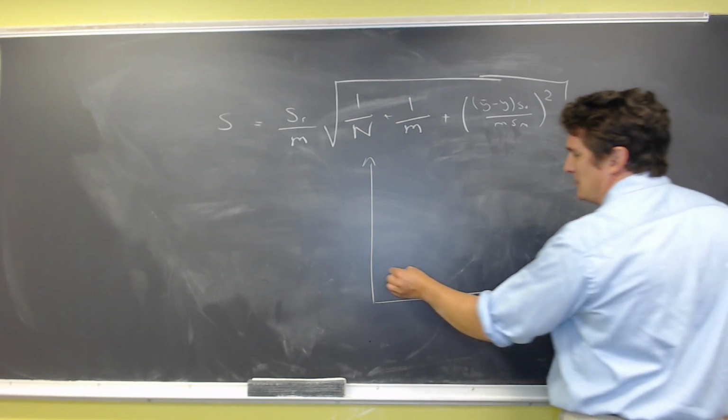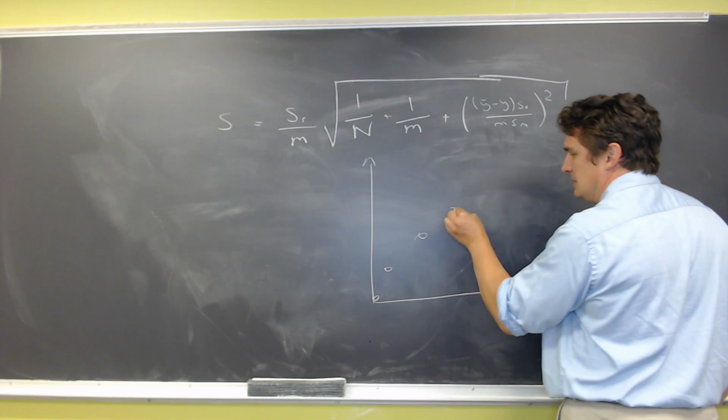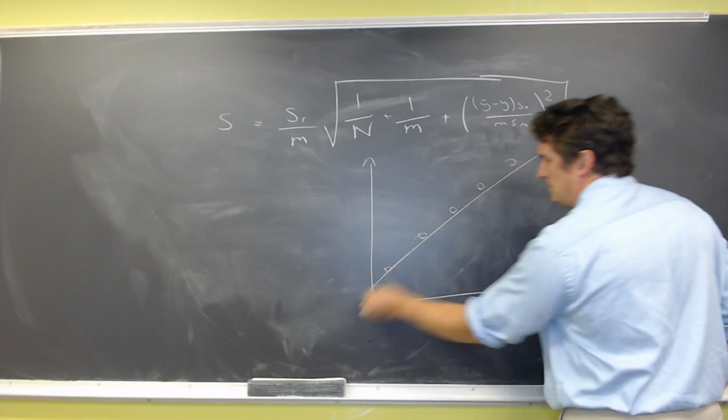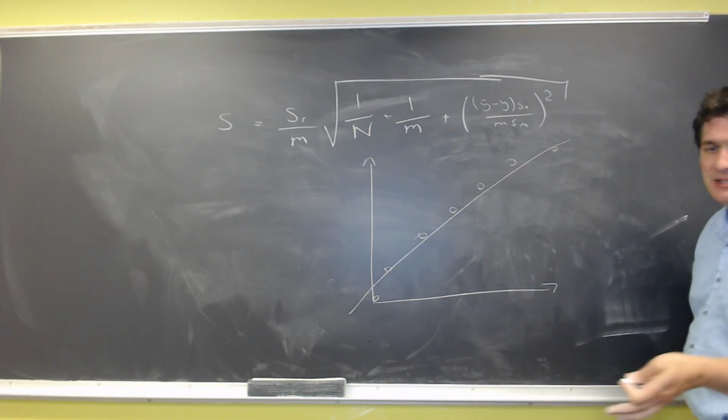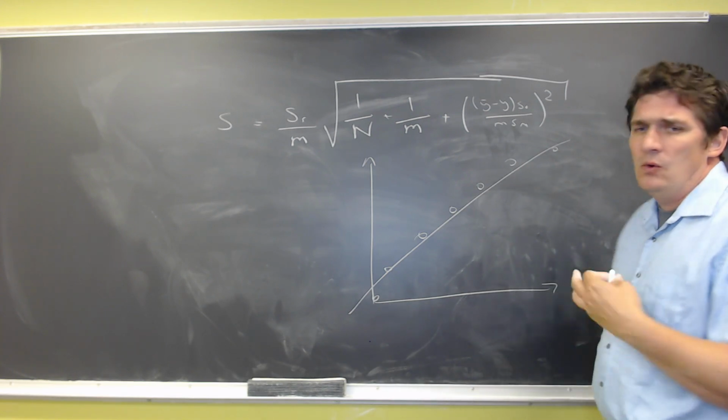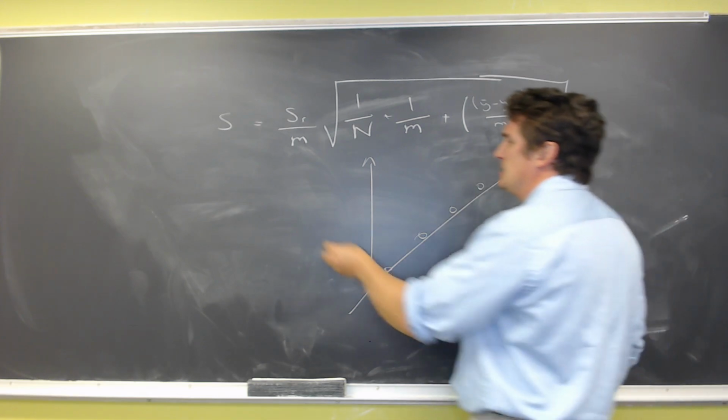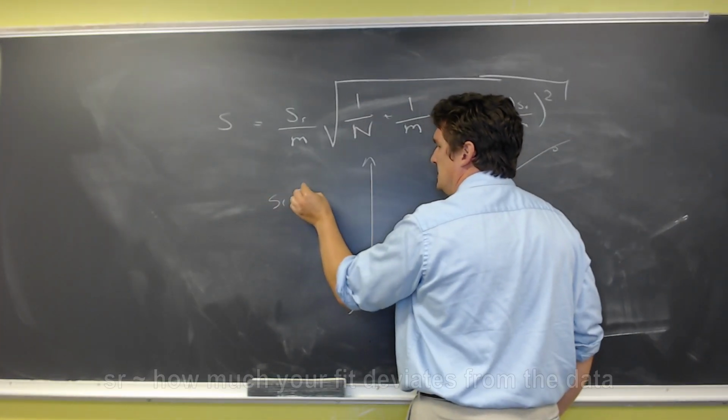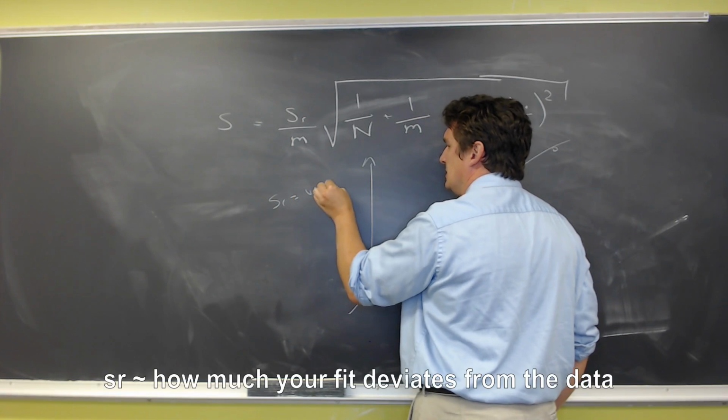So let's say we have a calibration curve, and we're going to throw data, and this isn't terrible, but let's pretend that it's actually linear. So what is the uncertainty here telling you? Well, your S of R term here is basically measuring uncertainty in the fit.